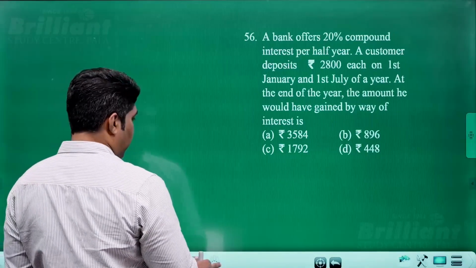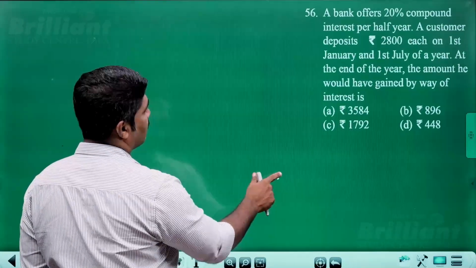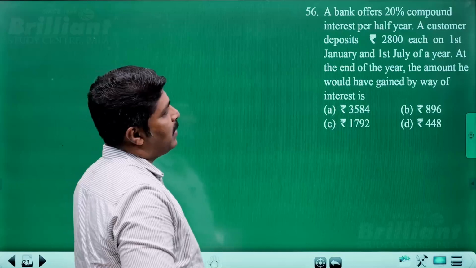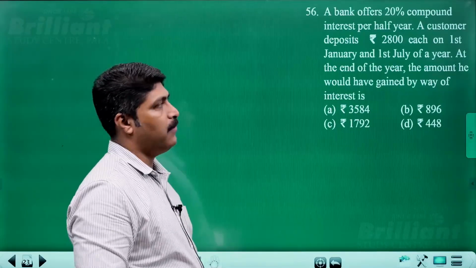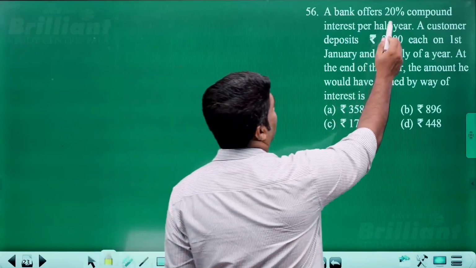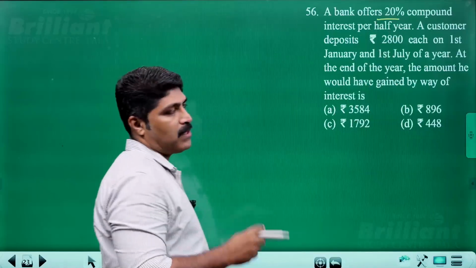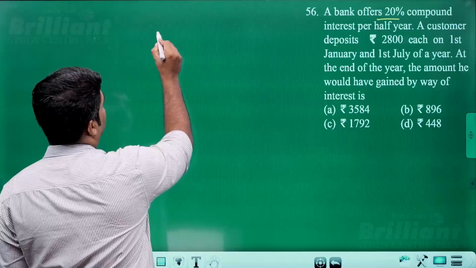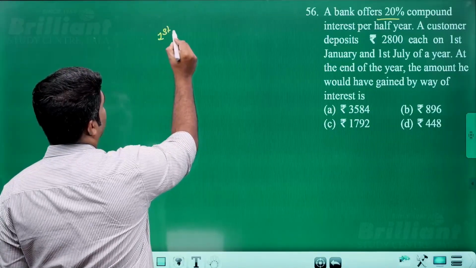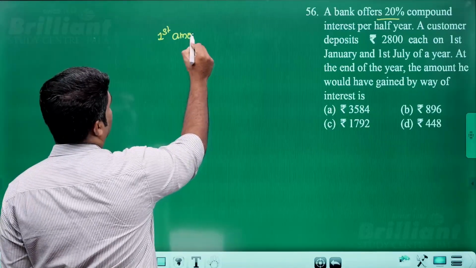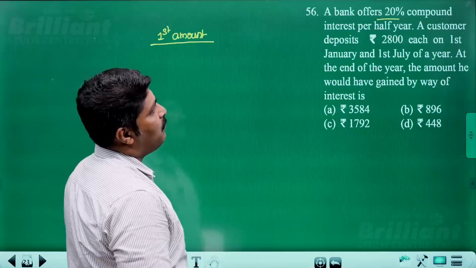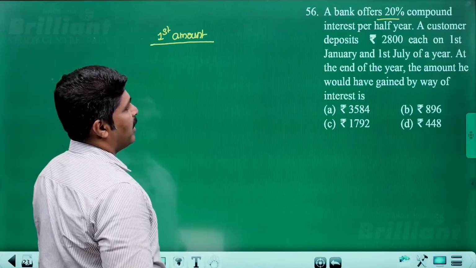So how will this type of calculation be done? What is the easiest approach in such a situation? Here we have 2 amounts. The first one, it's 20%, counted for the first year. So there we are considering our first amount, the first sum or first investment.